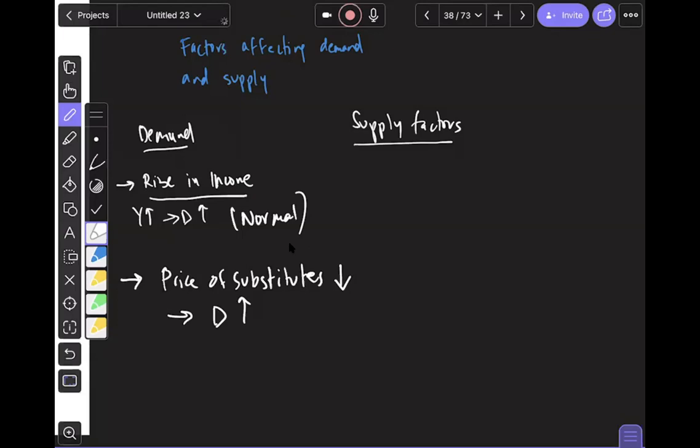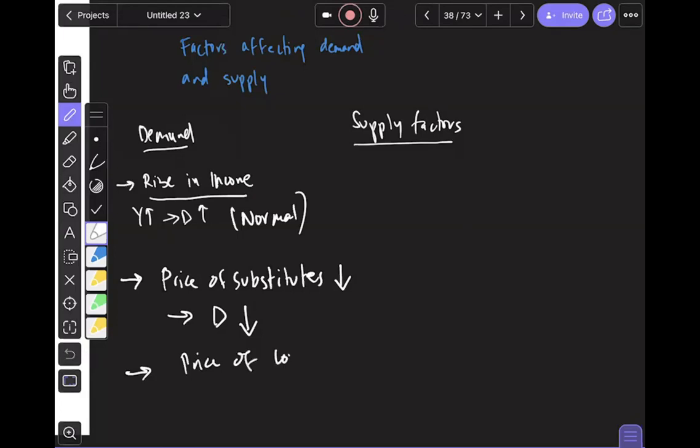Okay. If the price of a substitute falls, for example, let's say Coke and Pepsi, if Pepsi becomes cheaper, you will see the demand for Coke fall as well. Why? Because if Pepsi becomes cheaper, people will switch to Pepsi, and they will demand less of Coke. Does that make sense, guys? Similarly, look at the price of complements.